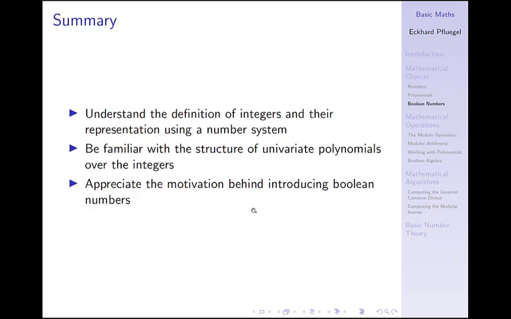I have then introduced what polynomials in one variable with integer coefficients are, which is mainly a matter of getting used to the notations so that you can understand the structure of a given polynomial better. And finally, I have very briefly introduced and perhaps motivated our Boolean values 0 and 1, and I've mentioned that that corresponds to truth values, which will become important in the future of this lecture.